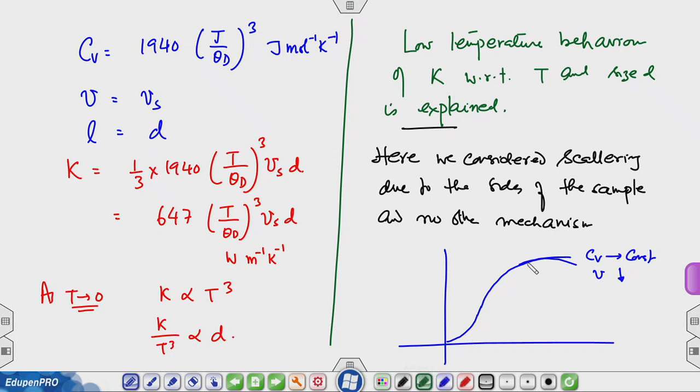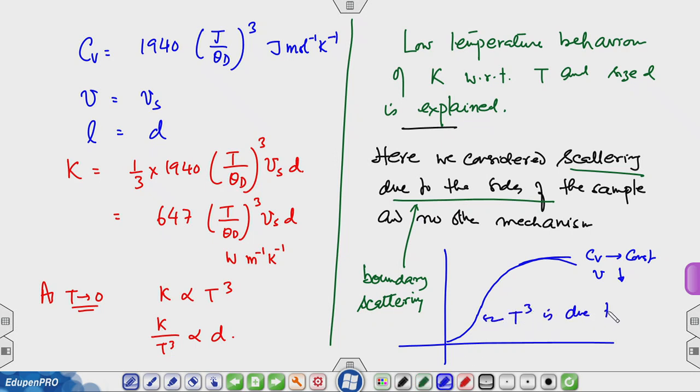This, by the way, the scattering due to the sides of the sample is known as boundary scattering. So, this T cube behavior is due to boundary scattering.